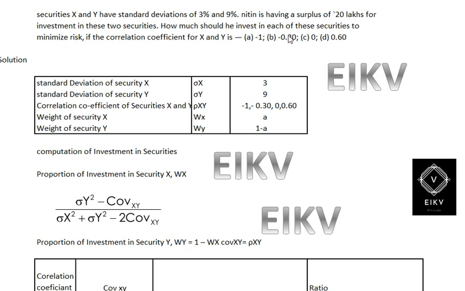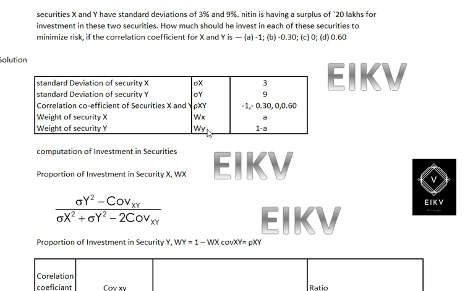For these different correlation situations, we need to find in what proportion Mr. Nitin has to invest those funds. So going ahead with the solution, the standard deviation of X is 3 and of Y is 9, and the correlation coefficient of securities X and Y would be -1, -0.3, 0 and 0.6.